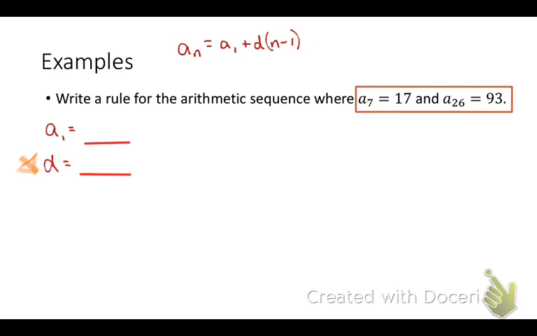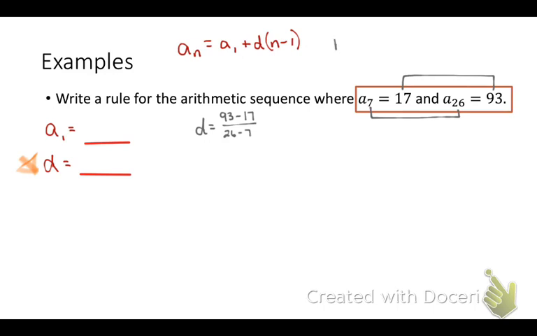To find the common difference, I'm going to take my two big numbers. I'm going to subtract those. So I'm going to go 93 minus 17 divided by my two little numbers, 26 minus 7.